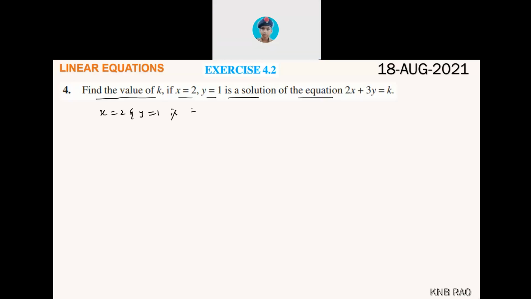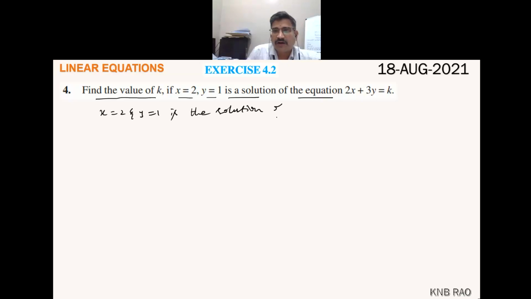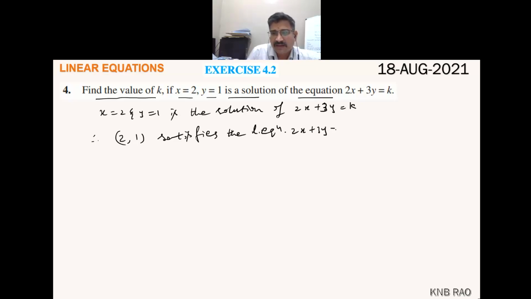So x equals 2 and y equals 1 is the solution of 2x plus 3y equals k. Therefore, 2 comma 1 satisfies the linear equation 2x plus 3y equals k.